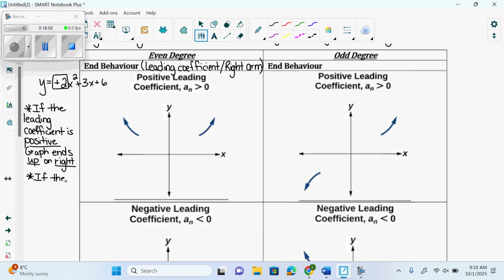If the leading coefficient is negative, it ends down on the right.